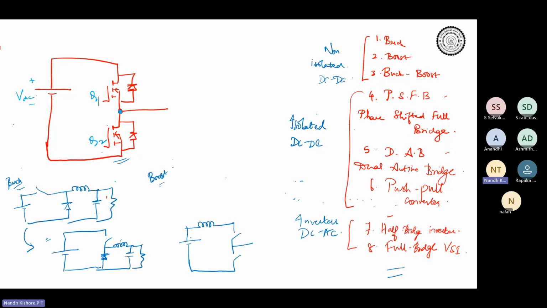You have the inductor over here. I'm sorry, I just made a small mistake.